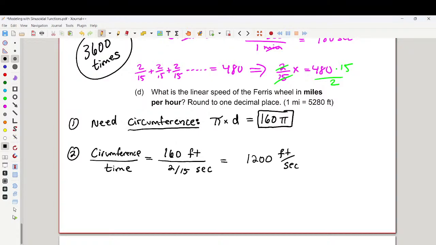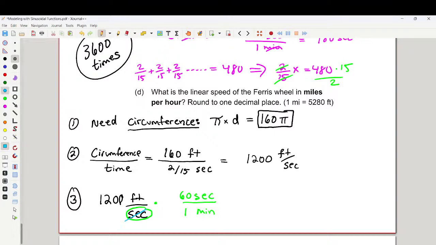Sorry for everything else. All right, let's end this up. Here's where we are, 1,200 feet per second. And notice this says miles per hour, so this is more unit conversion. 1,200 feet per second. I'm going to get rid of seconds by multiplying it in the numerator and converting it to minutes, because I know 1 minute has 60 seconds.